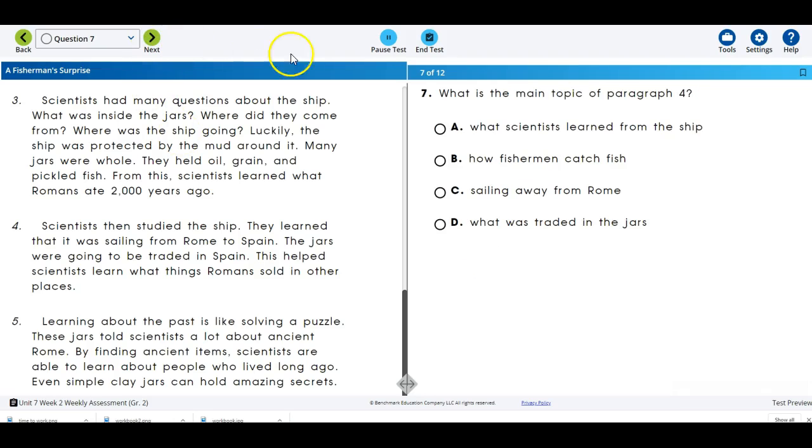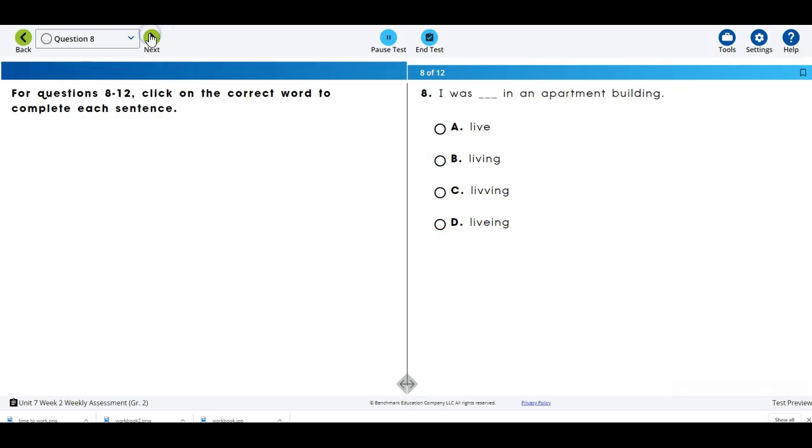Question 7. What is the main topic of paragraph 4? So I should go to paragraph 4 and I should reread what's going on. What does it say? When I finished rereading it, then I can better understand and explain which one of these is the main topic. And question 8. Remember how we do these in class.